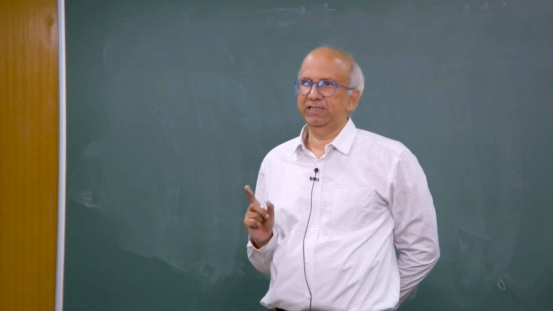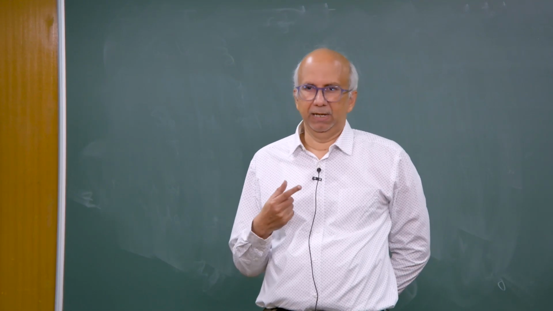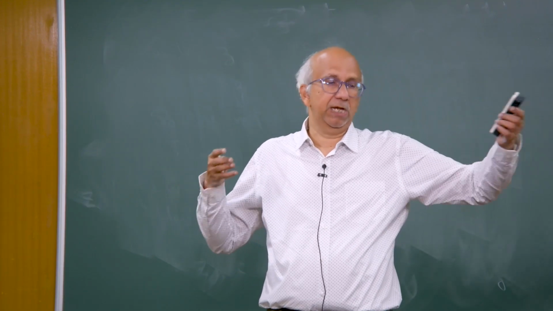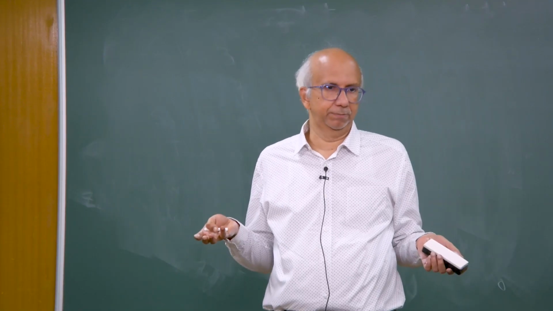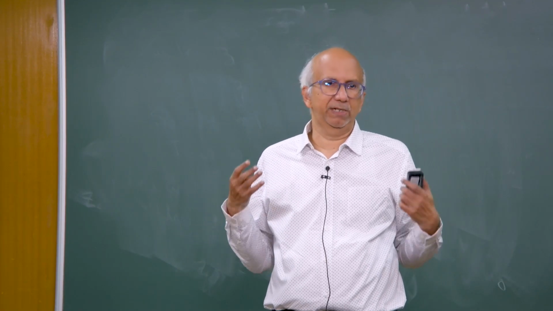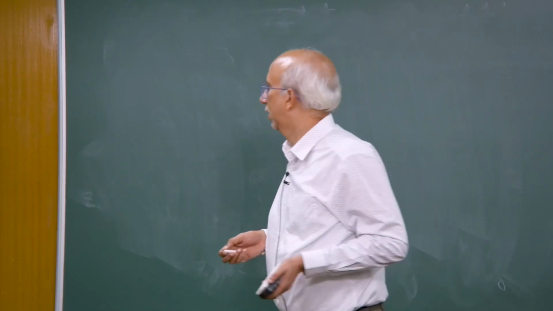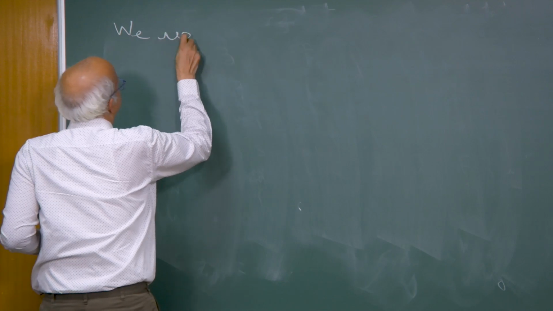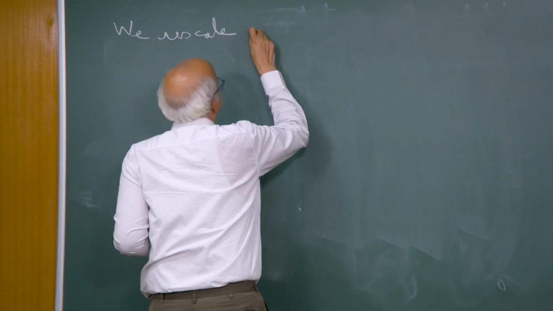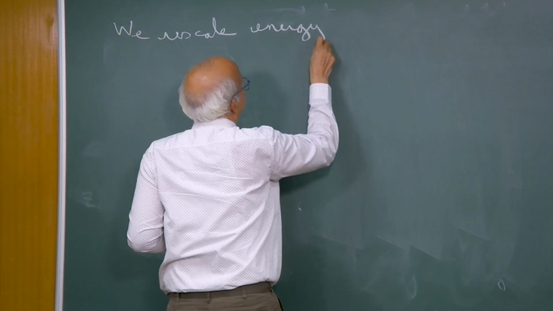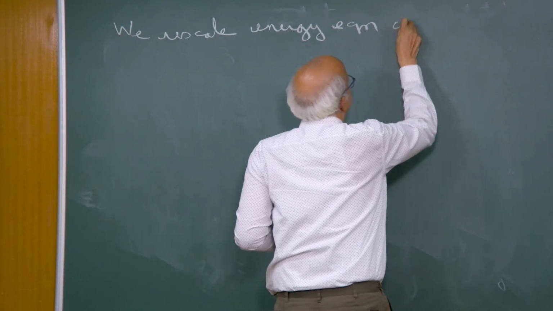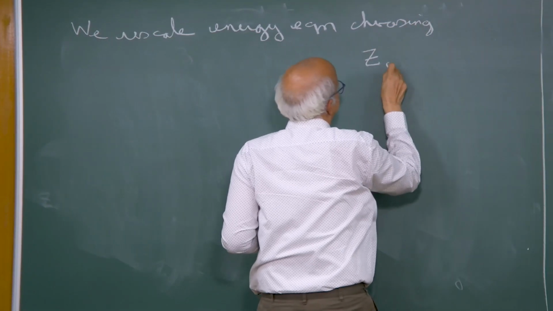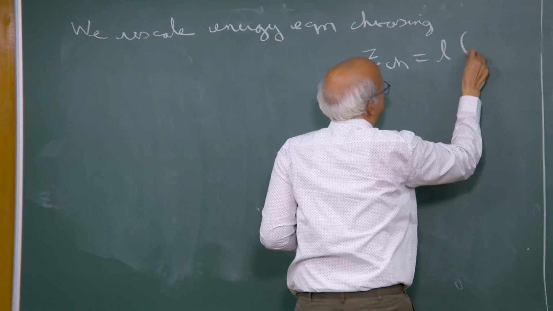I am going to keep everything the same, only thing is the Z characteristic is not going to be A anymore, because I know it is going to be much larger than A. Since I do not know what it is, I will just choose it as L. So, we rescale the energy equation choosing Z characteristic as L, which I do not know yet.